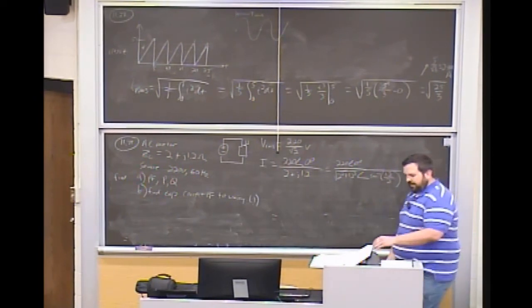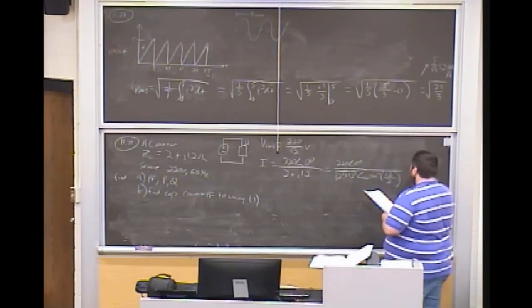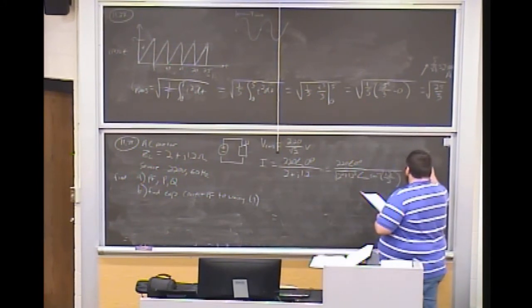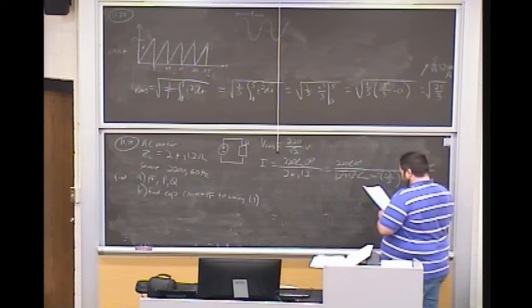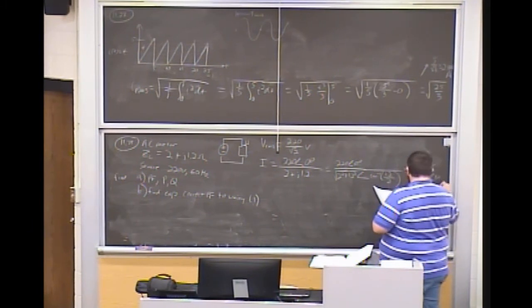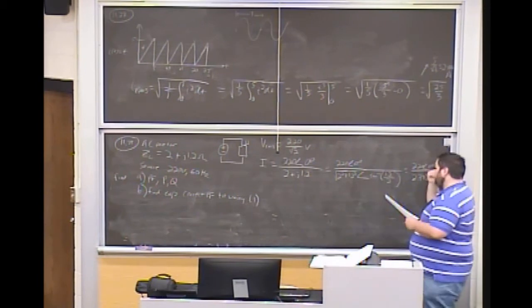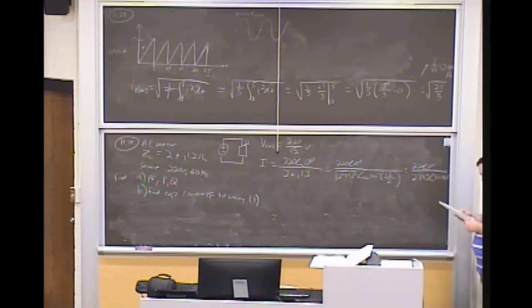Okay? And if you do that out, that works out to be 2.332 at 30.963 degrees. Okay? So that's our impedance.